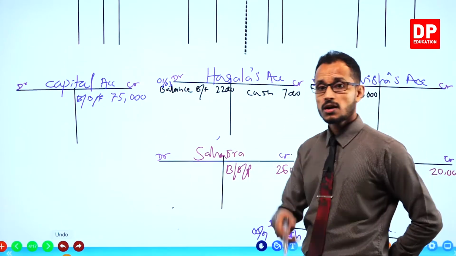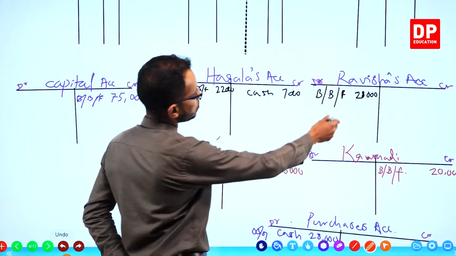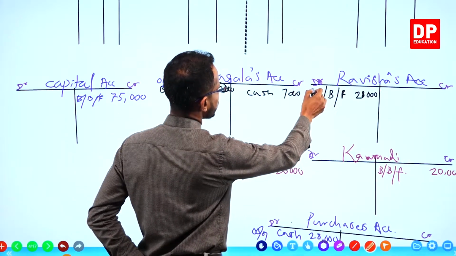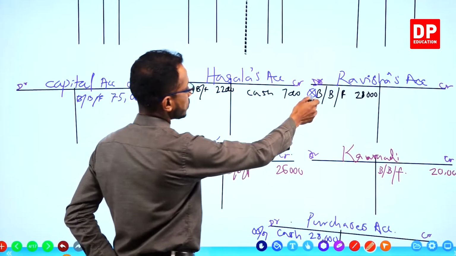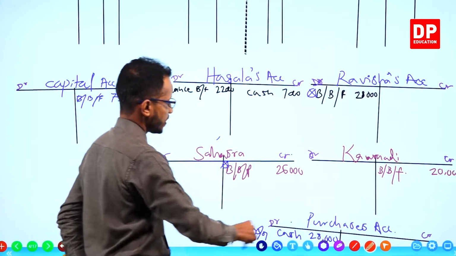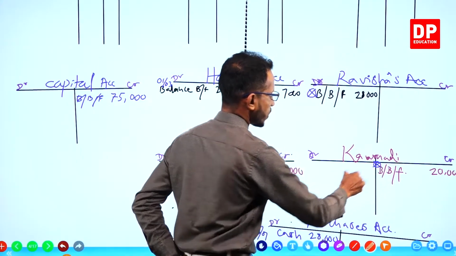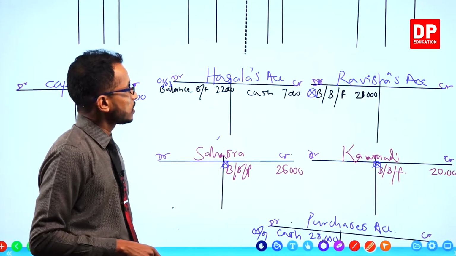And in Ravisha's account too, you must mention the date. Balance brought forward is here. There is no space to mention the date. So I'll just mark the date like this. Here also, date, don't forget the date. Right.